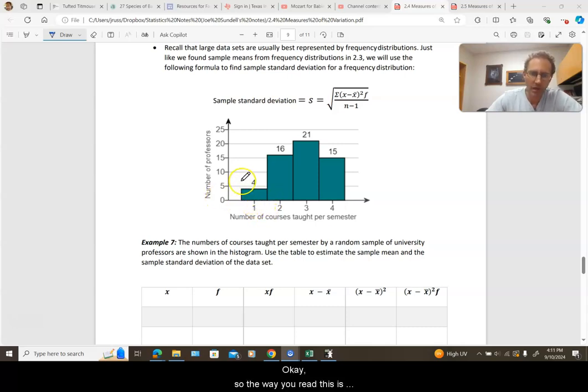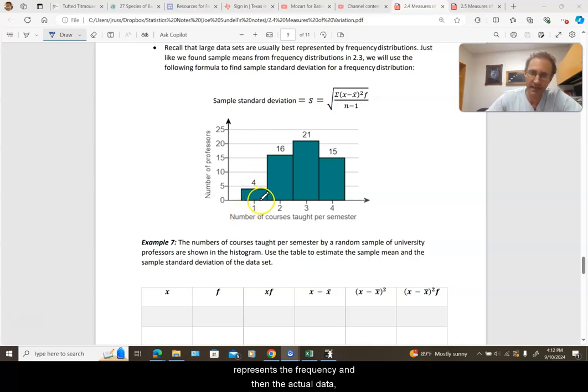Okay, so the way you read this is because this first bar has a frequency of 4, that means that there were 4 professors that just taught one class. And then this second bar represents the fact that there were 16 professors that taught 2 classes. So the heights of these bars, just like with any histogram, represents the frequency.